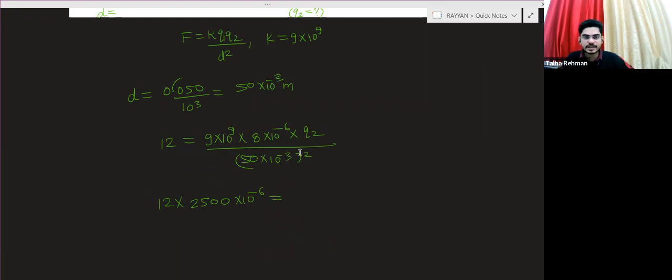And on this side you will get 9 8s are 72, and it is 10 to the power 9 times 10 to the power minus 6, so it will become 10 to the power 3.